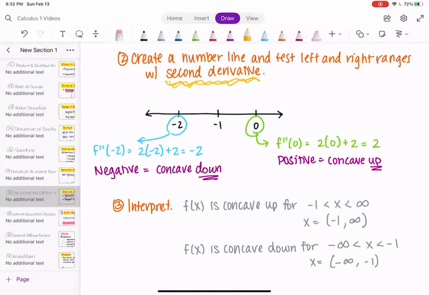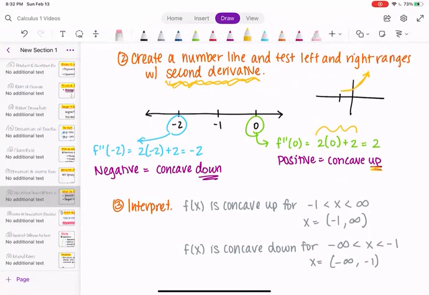So I plug in 0 into 2x plus 2, and I get 2, which is positive, so that means it's concave up. So generally if I was to graph this function, at x equals -1, this function starts doing something like this, right? It starts switching to concave up.